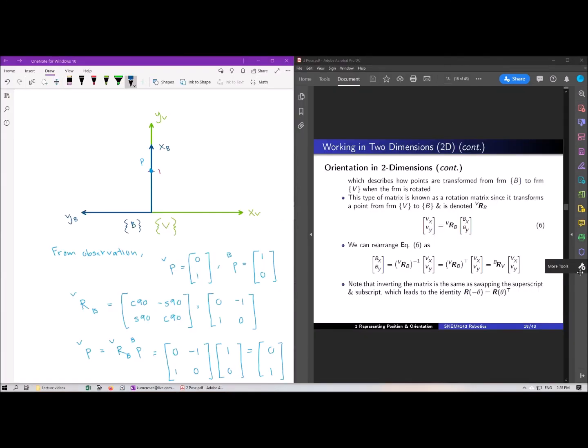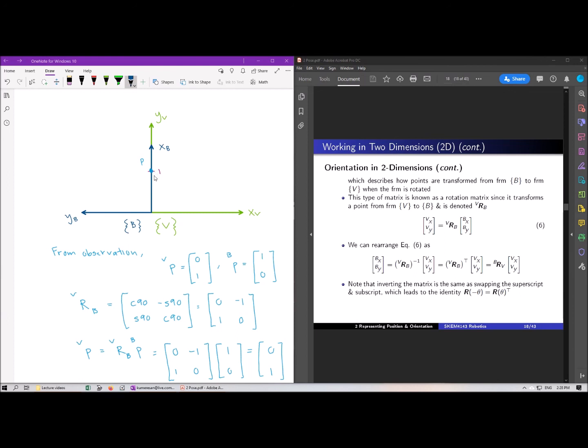Now let's look at some examples. We are given two coordinate frames here. One is the coordinate frame V, Vietnam, which is shown in green, and the other one is coordinate frame B, which is shown in blue.